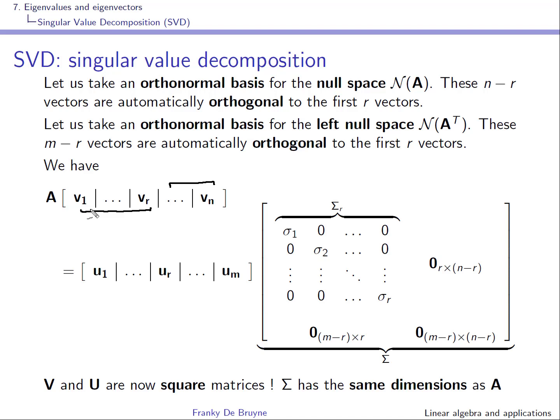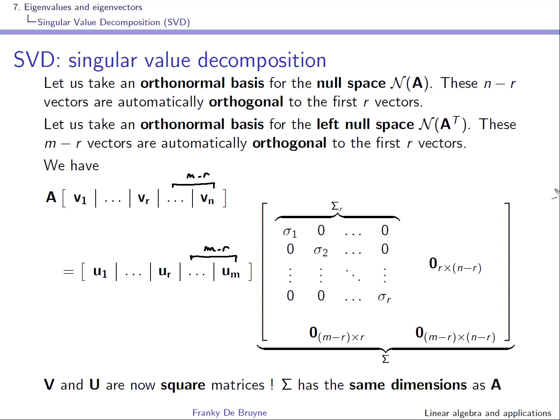In the matrix U we needed m minus r vectors, and we'll take them from the left null space, and we'll take an orthonormal basis of the left null space. These vectors will automatically be orthogonal to the first r vectors, since the left null space is perpendicular to the column space. So we've added m minus r vectors over here and n minus r vectors over here.